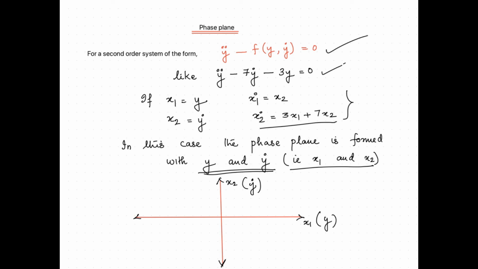In particular, if you use y and y dot, we call them phase trajectories. For different initial conditions, we can draw different phase trajectories. So, the family of phase trajectories with different initial conditions forms something called a phase portrait. Generally speaking, we can see that phase trajectories do not cross each other. But there are certain exceptions to this, which will be discussed later.